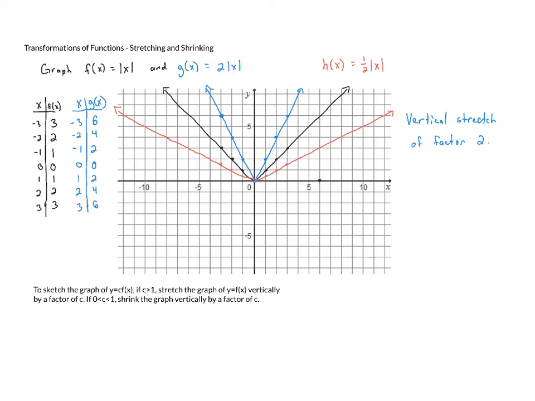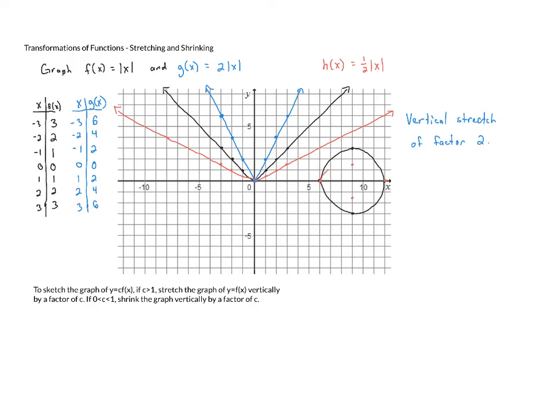So here I want to look at a circle that has its center on the x-axis. If we were to take this and shrink it vertically by a factor of 1/2, then the top point would be there, the bottom point would move up there, and the side points would stay where they are.